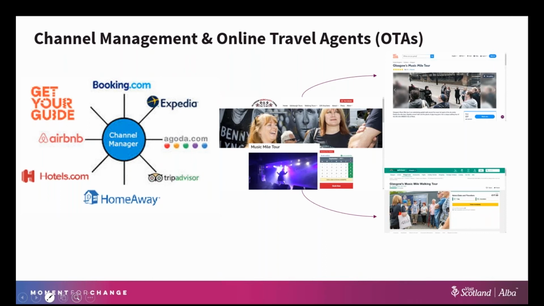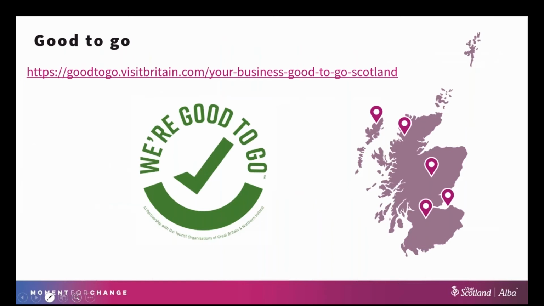If you're an accommodation business using one of our integrated partners, you can also display your availability on VisitScotland.com. The other thing that Patrick mentioned earlier about VisitScotland.com is that you're now able to display a We're Good to Go logo on your VisitScotland web listing. It's a self-accreditation process, as he mentioned earlier on.